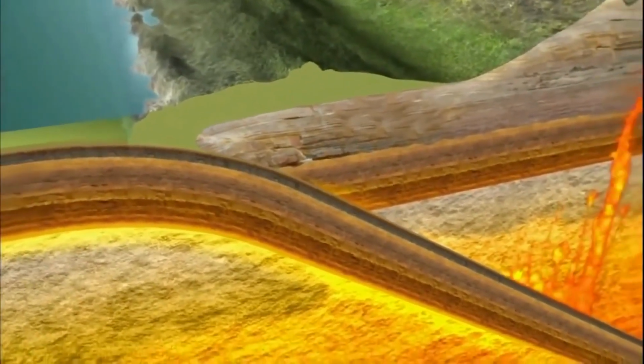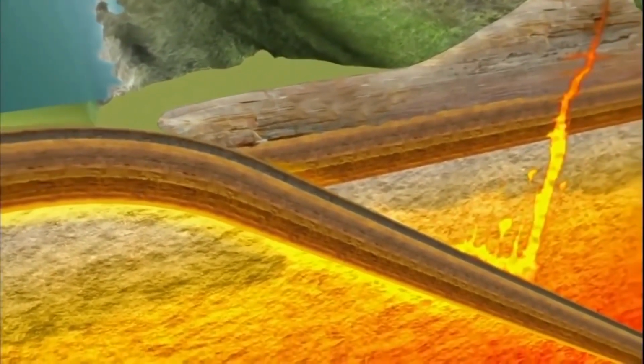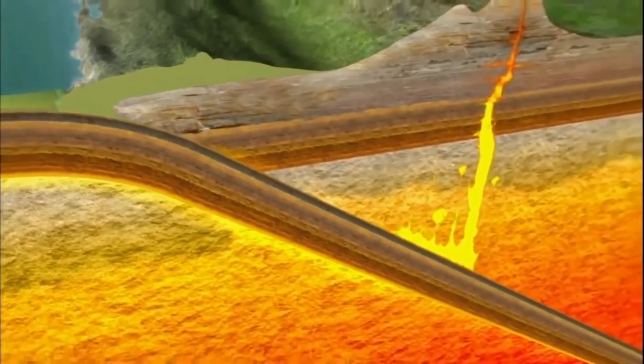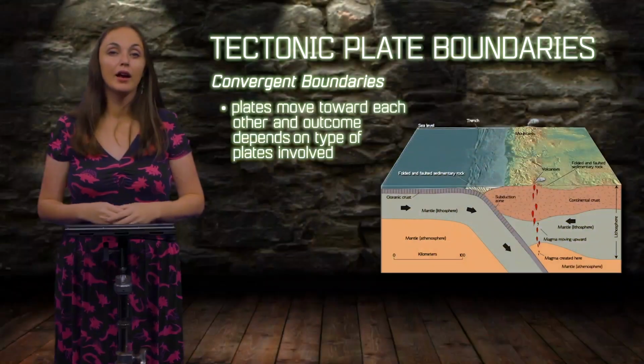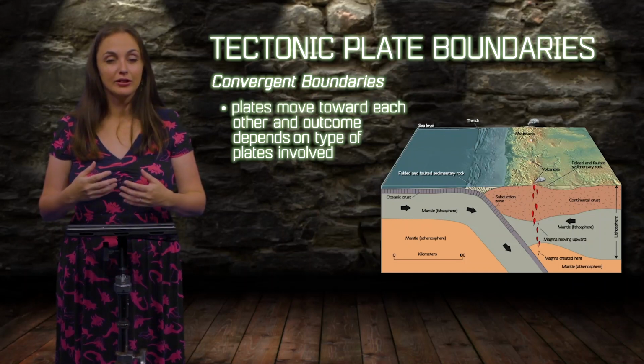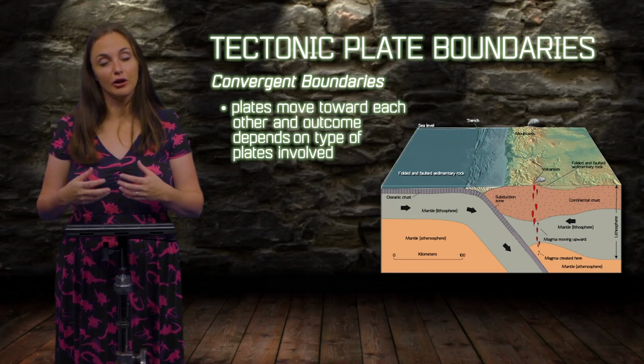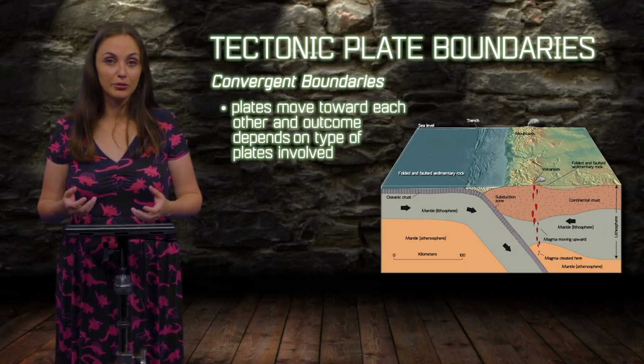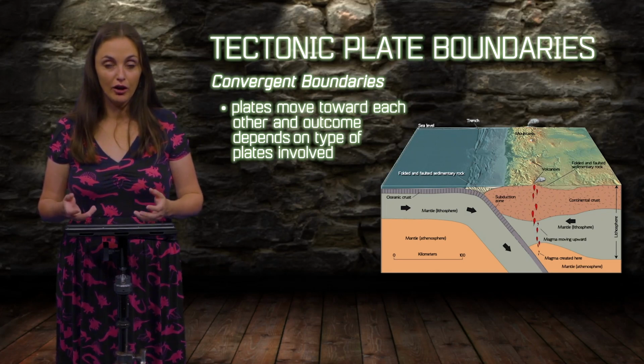If at a divergent plate boundary you're creating new material, at a convergent plate boundary, that's where you're going to destroy material. So what happens at convergent plate boundaries is ultimately going to depend on what types of plates are involved.